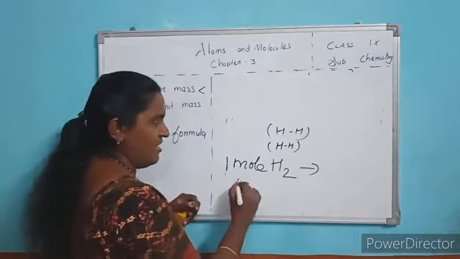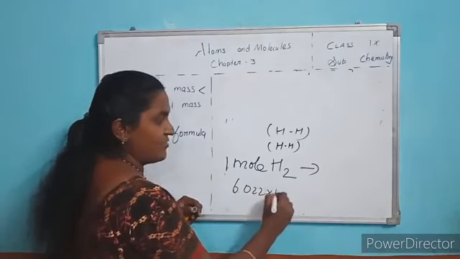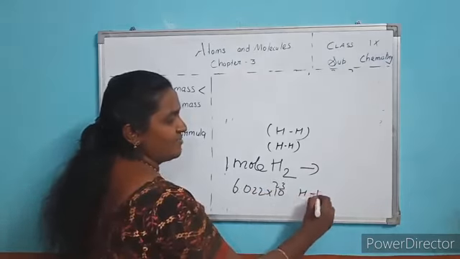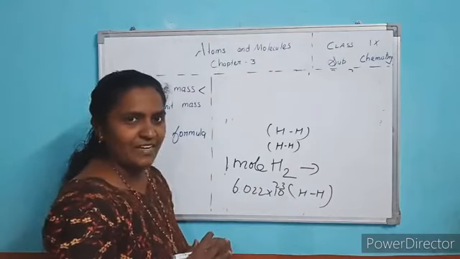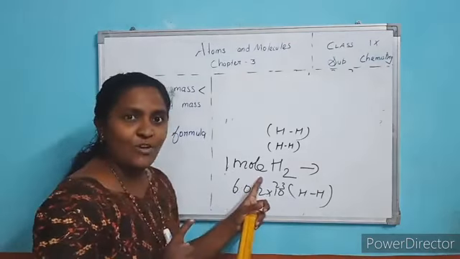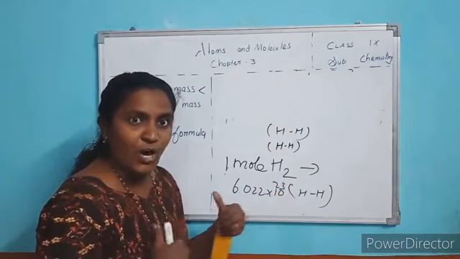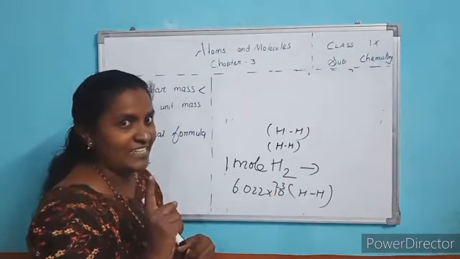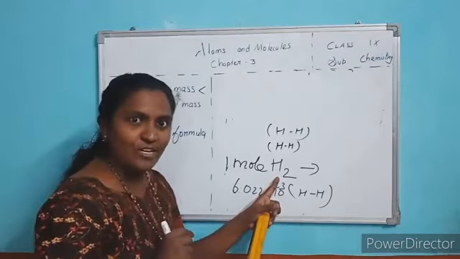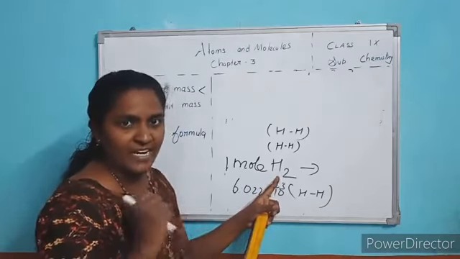Like that, how many? 6.022 into 10 raised to 23 number of H2. Clear? Now, the question is, 1 mole of hydrogen molecule contains how many hydrogen atoms? Hydrogen atoms.